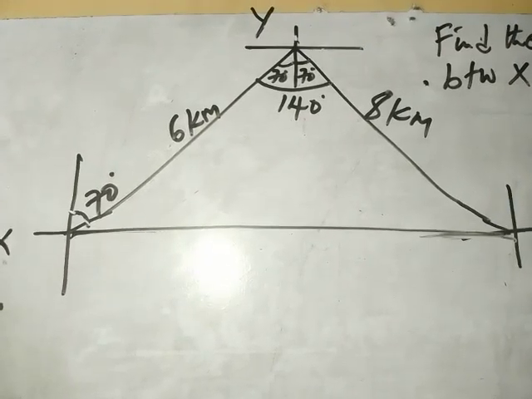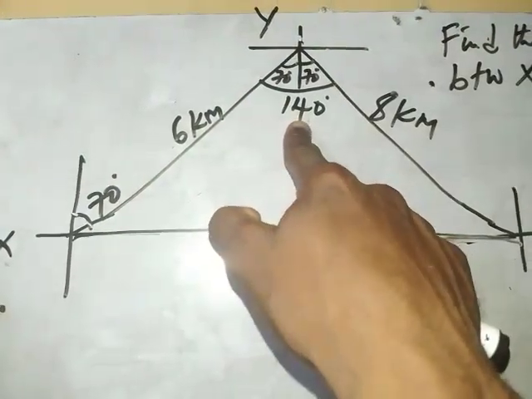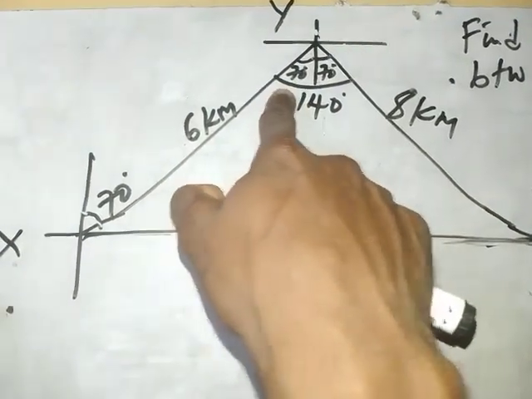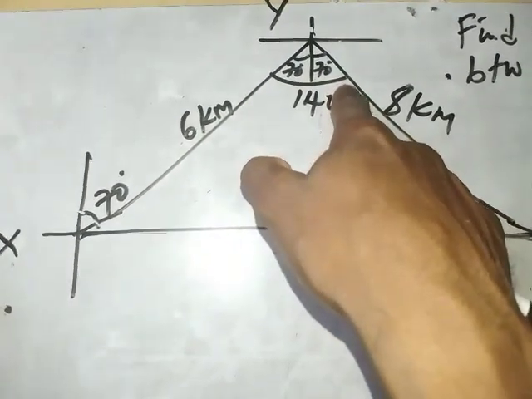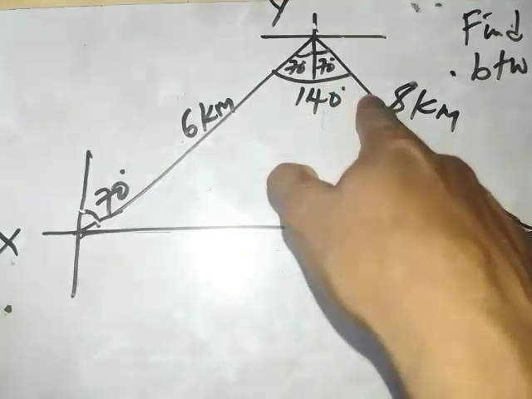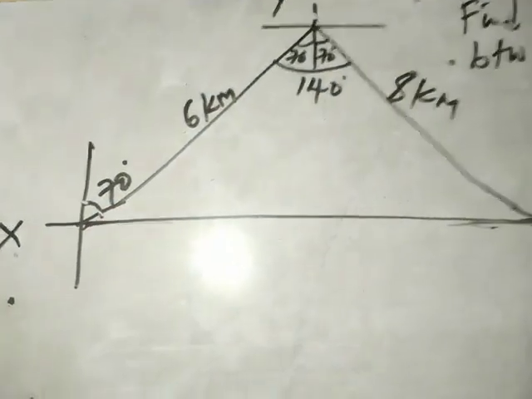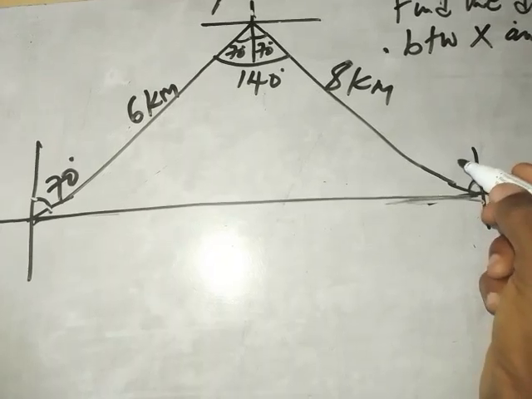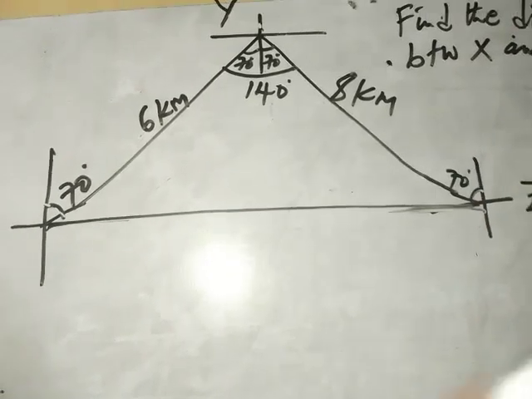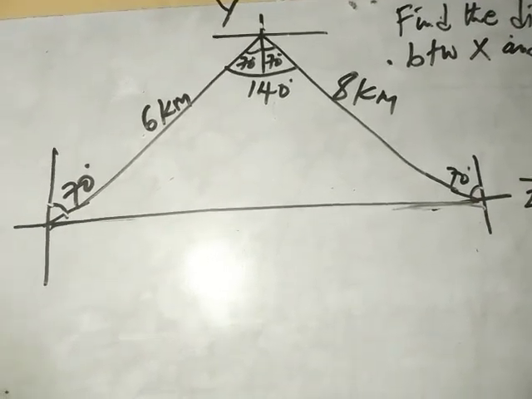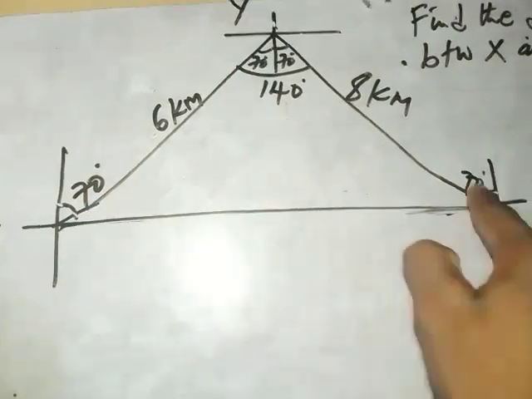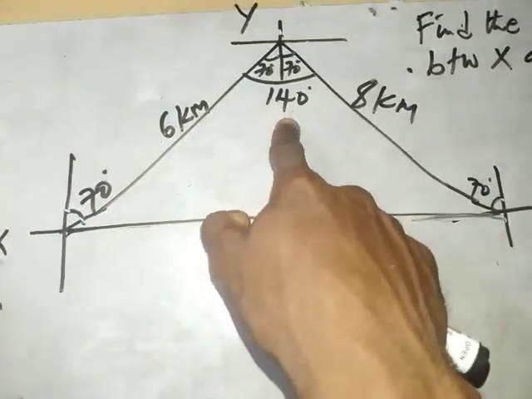So if you are given 140 like this, you can differentiate your different angles, and this is supposed to be 70 and this is 70. Are you getting me? So in some cases, they may give you this alternate angle, this 70 and this 70, without giving you 140.